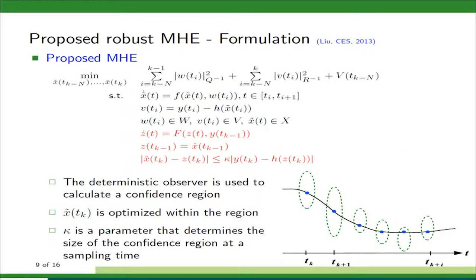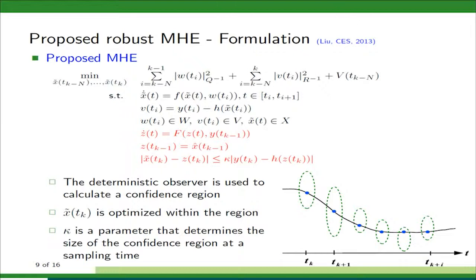And this slide shows the detailed design of the proposed robust moving horizon estimation. In this design, we have the standard constraints. Also, we use arrival cost, but we have some new constraints.